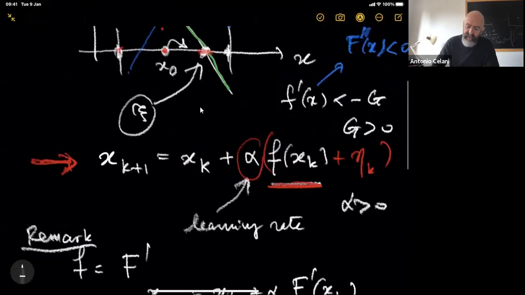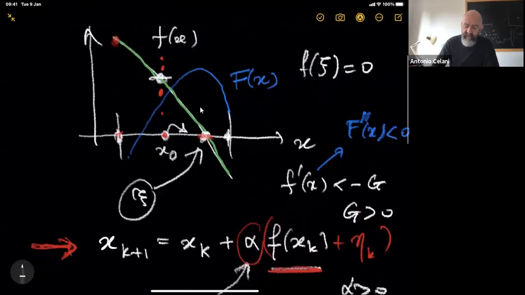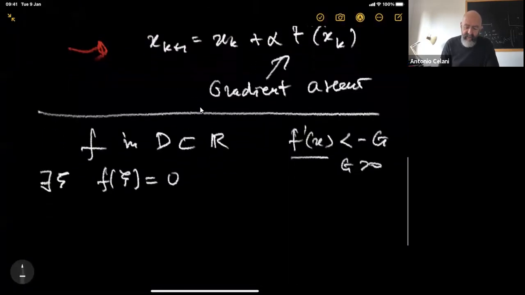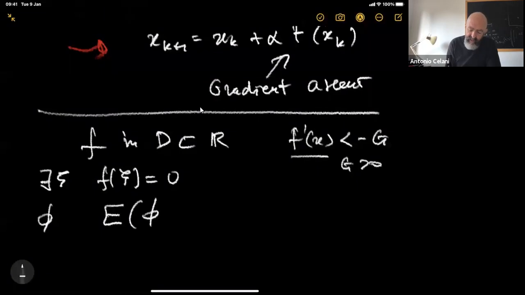So basically, I'm just restating what I pictorially draw here. This is my underlying f, but f itself is not observable. What we can observe is, in fact, a random variable phi, such that the expected value of this random variable phi at point x is f of x.